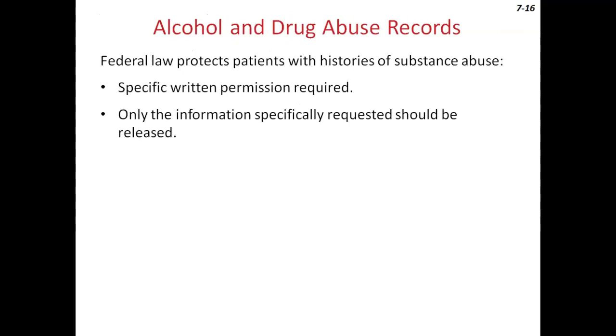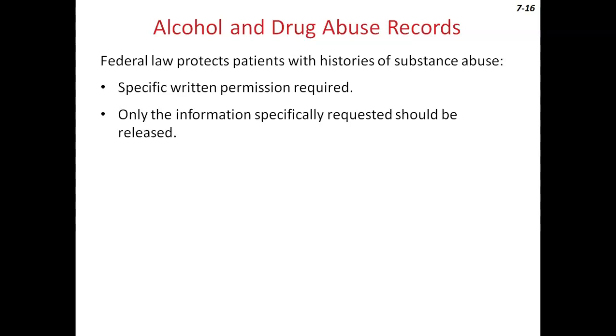Some state laws specifically address the release of confidential medical information, especially if it pertains to treatment for mental or emotional health problems, HIV testing, and substance abuse. In addition, the federal statute, Confidentiality of Alcohol and Drug Abuse Patient Records, protects patients with histories of substance abuse regarding the release of information about their treatment.